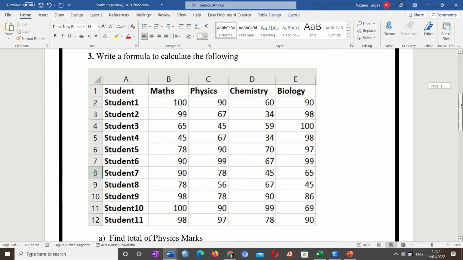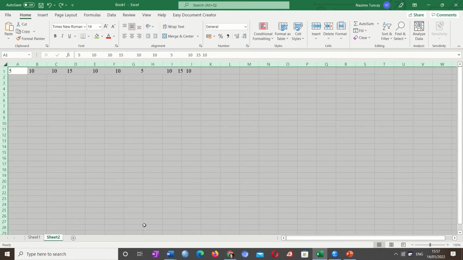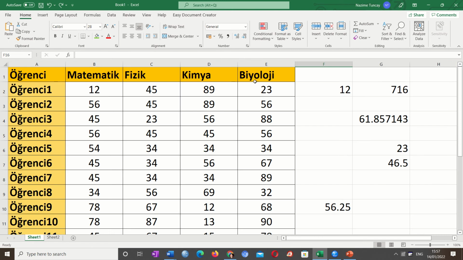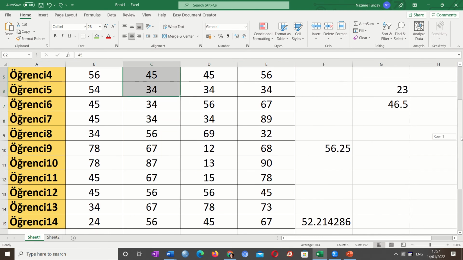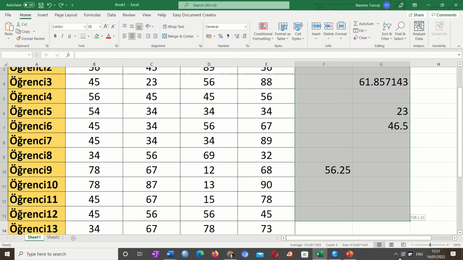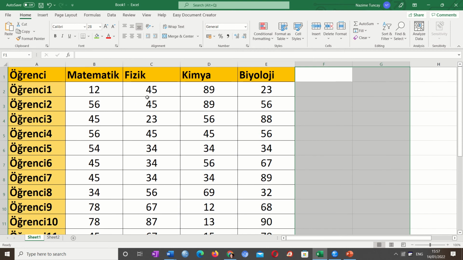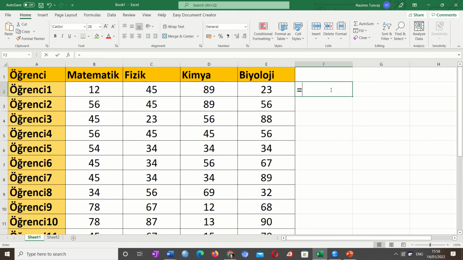Now, this is another equation with Excel. You know that Excel is also a statistical program. So here we want to find the total of physics marks. To find the total of physics marks, we have to use a formula. Physics is here, this is C2. If I want to find the total, that's equals sum.